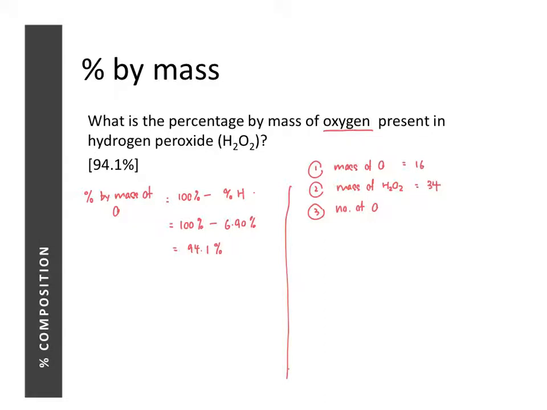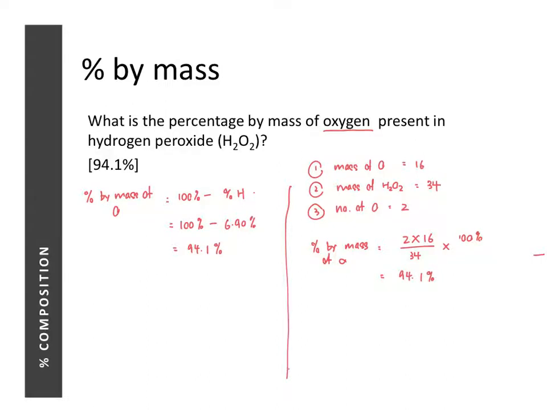And if you look at the formula of hydrogen peroxide, for each unit of hydrogen peroxide, we have 2 oxygens. So if we apply the formula again, percentage by mass of oxygen is equal to the number of parts times the mass of part divided by the mass of whole times 100%. That will give us the same answer, which is 94.1%.